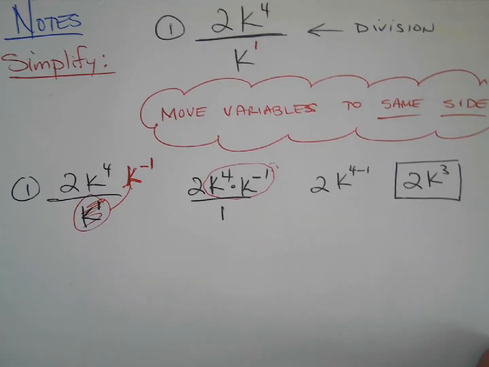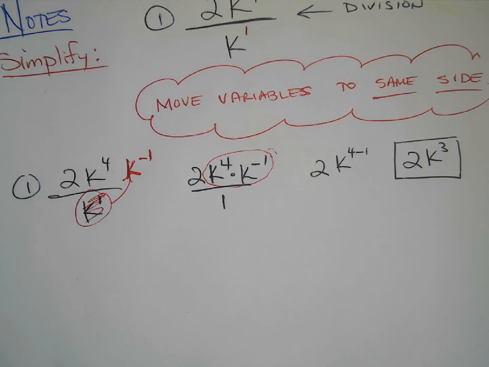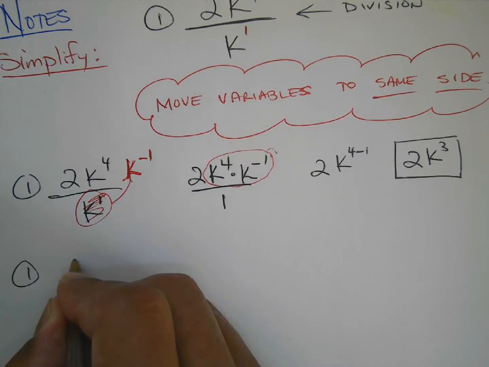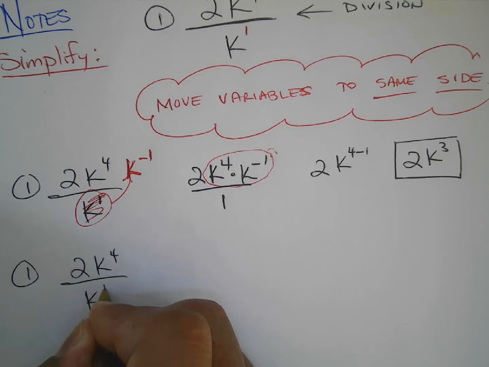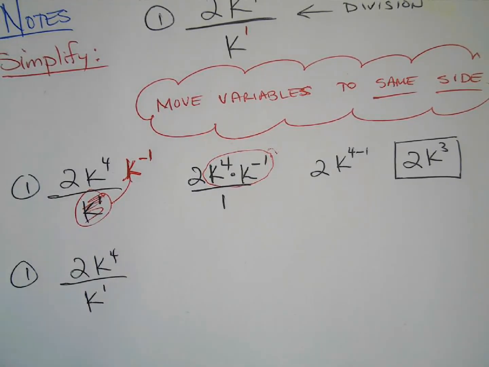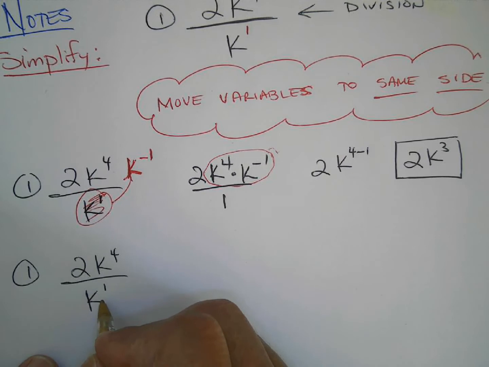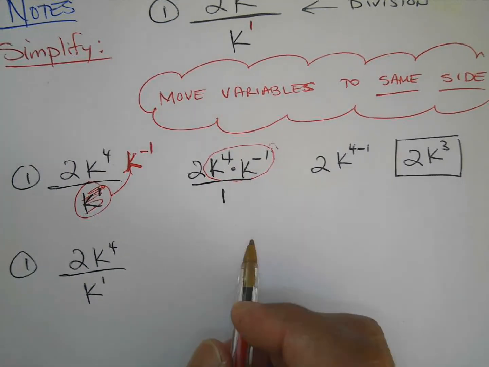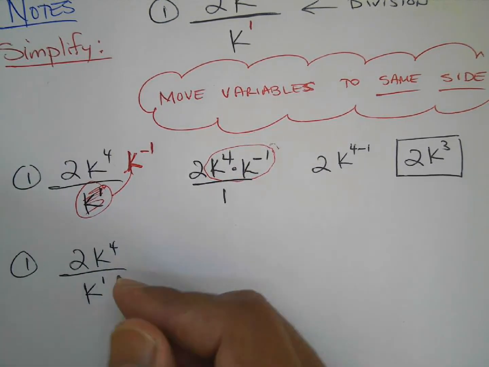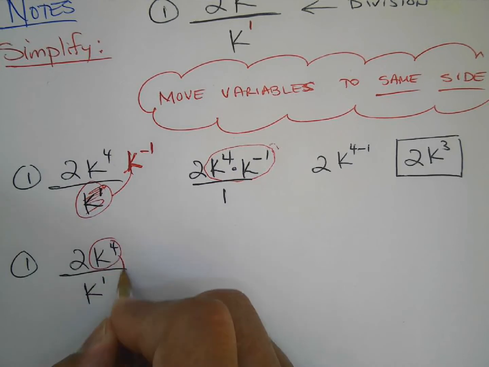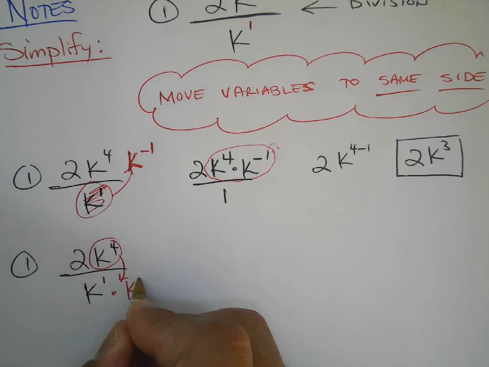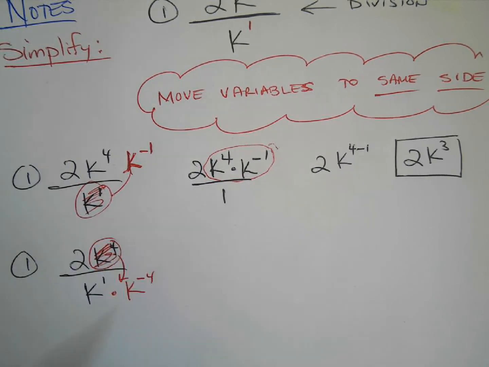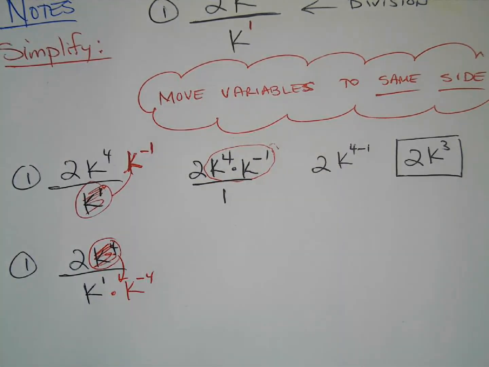Now, some of you may be thinking, what if I would have moved the bigger one down? What if I would have moved the k^4 down this way? Because I didn't really specify which way to move it. Well, you can do that, but if you move this 4 down here, now if it's positive 4, it'll be negative 4 here. Now you'll still get the right answer, but just watch.